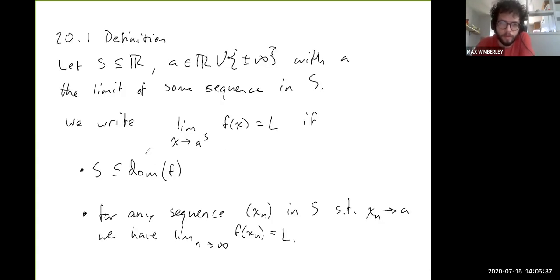But as with a lot of the things we've been doing so far, the good news is that we are mostly only interested in cases where S is an interval of some kind. So that's how we make the definitions of the familiar limits.